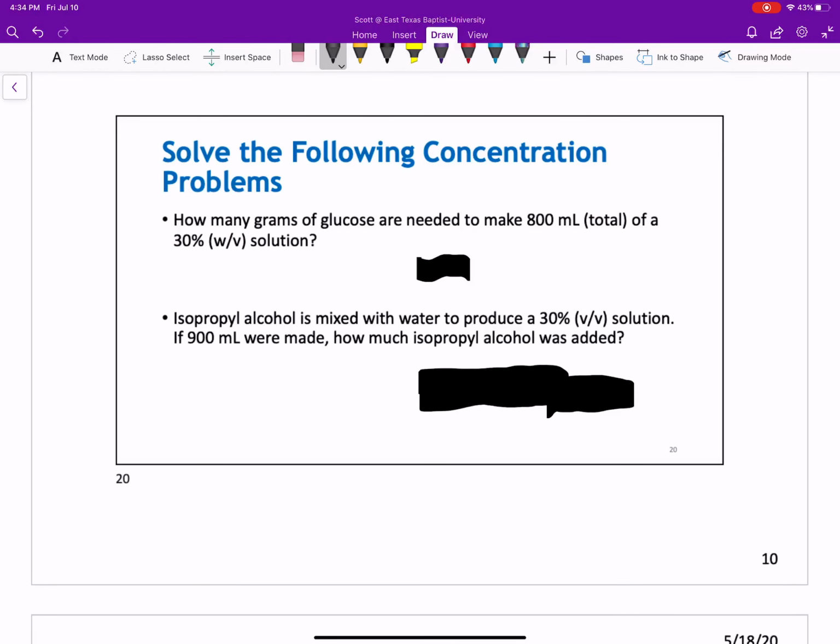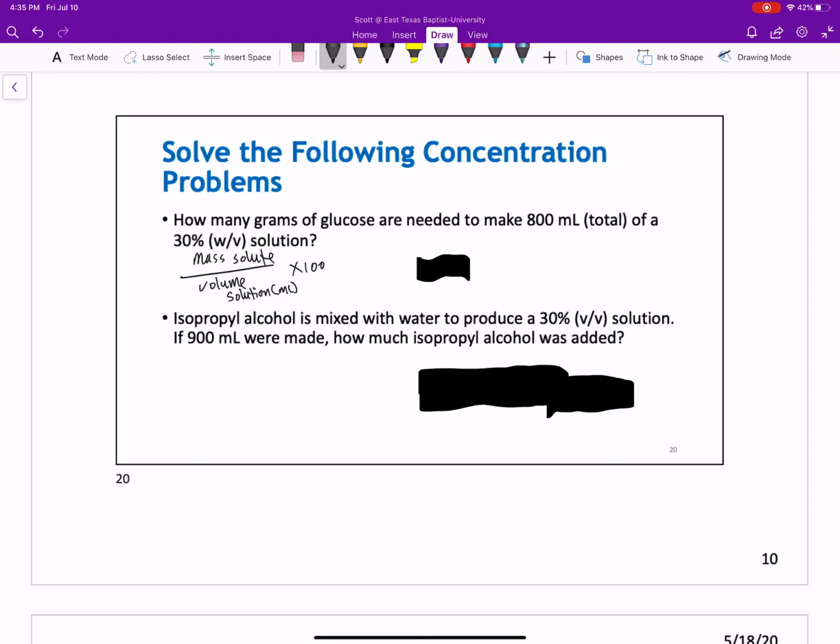How many grams of glucose are needed to make 800 total milliliters of a 30% weight volume solution? We're looking at weight volume, which means mass of solute over volume of solution, and that needs to be in milliliters, times 100.